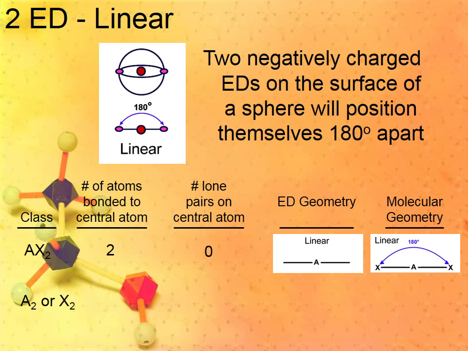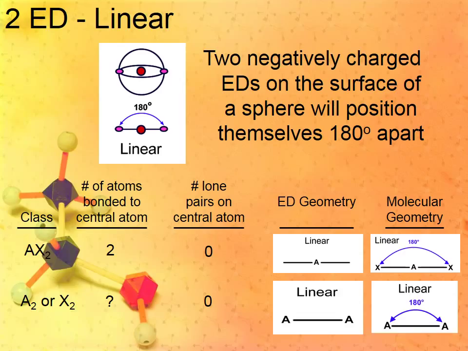Another possibility for this type of structure is a molecule that has only two atoms, in which case we don't even know which one to call the central atom, or maybe they're both other atoms. It doesn't really matter. The structure is linear because we have one electron domain between two atoms.